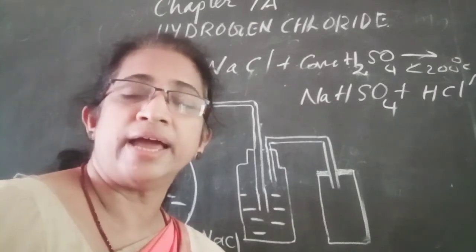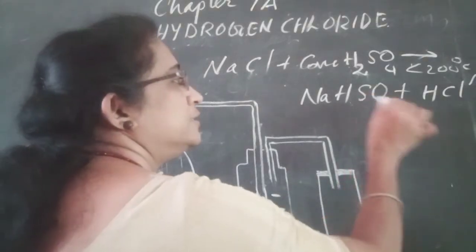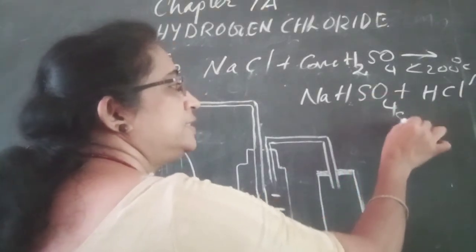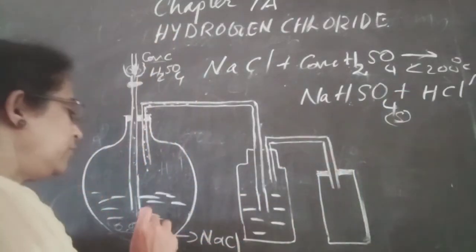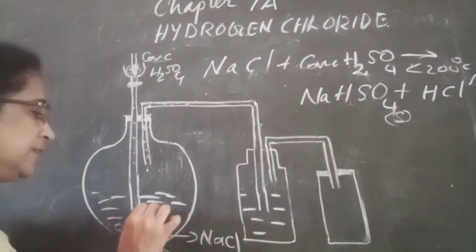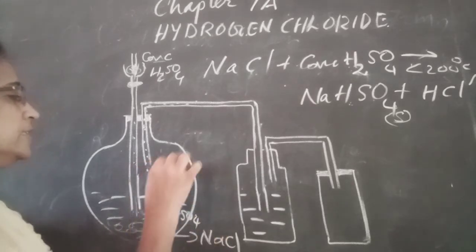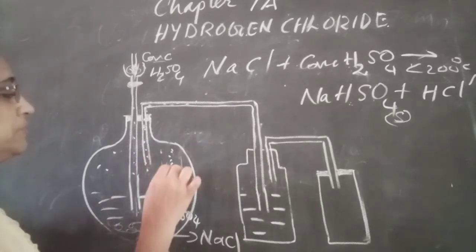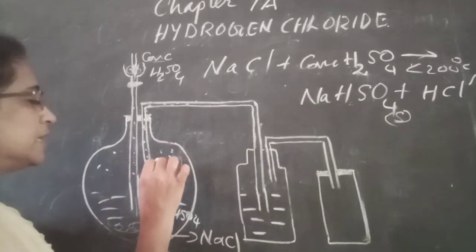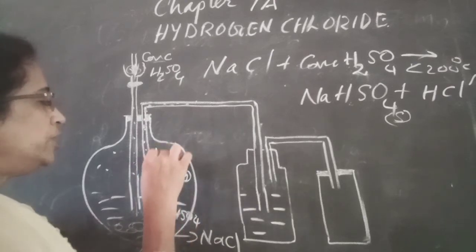The name of the gas is hydrogen chloride, and this salt, sodium hydrogen sulfate, is soluble in water. So after the reaction, the solution contains NaHSO4.